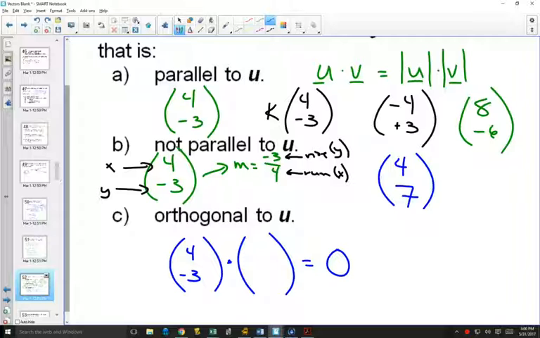But if we actually want it to be a 90-degree angle, we need to have 2 values here so that the multiplication across the top and the multiplication across the bottom are the same, but one is positive and one is negative. 3 would make 12 here, and positive 4 would make negative 12 there.